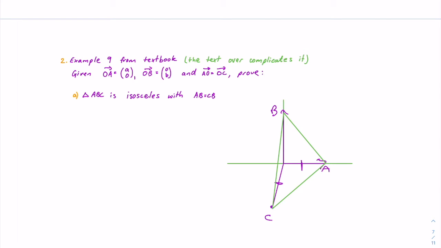Now, you can see in that diagram that clearly it's not, with AB equals CB. Clearly this line and this line are not the same length. You can see that's really obvious. So these must be vectors or this just doesn't work.